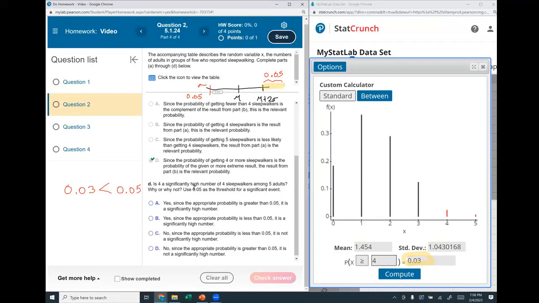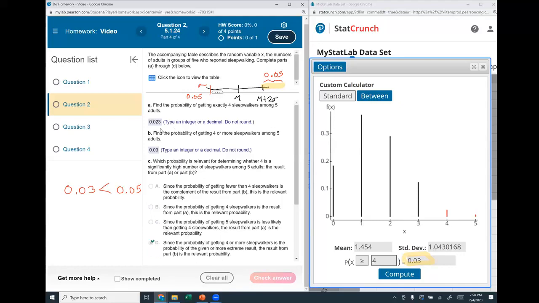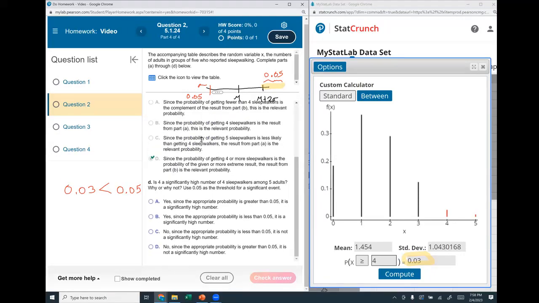Is 4 a significantly high number of sleepwalkers among 5 adults? Yes. Because when we look, it's 0.023, which is less than 0.05. So yes is the answer. So it's one of the first two.